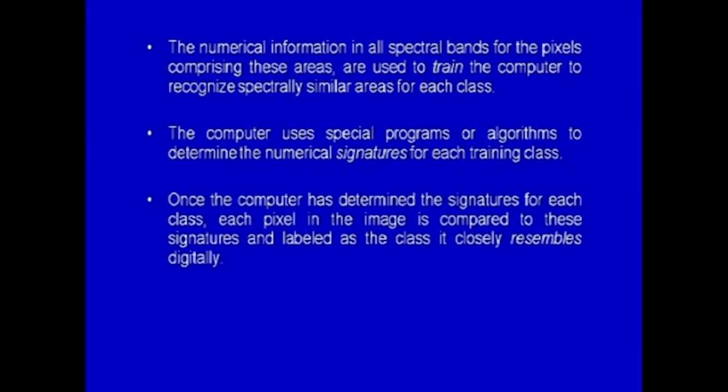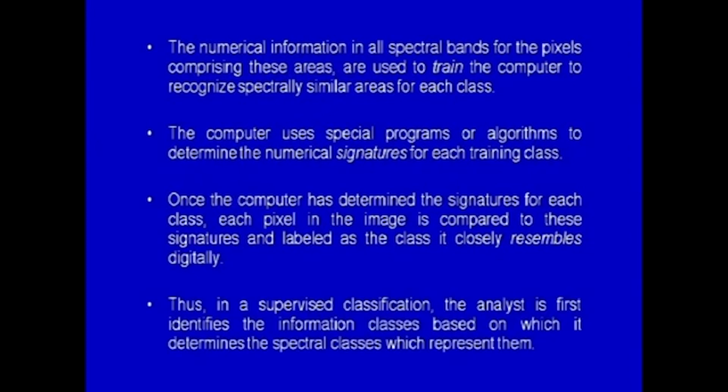Once the computer has determined the signatures of each training class, each pixel in the image is compared to these signatures and labeled as the class it closely resembles digitally. Thus, in a supervised classification, the analyst first identifies the information class based on which it determines the spectral classes which represent them.